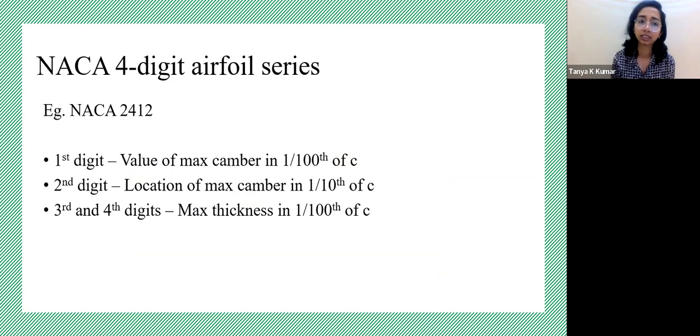Now we'll just go over the NACA airfoil series. We'll just discuss the 4-digit, 5-digit, and 6-digit airfoil series. So we'll discuss it with an example so it is easy for us to follow. For the 4-digit airfoil series, we take this 2412. Now in the 4-digit airfoil series, the first digit represents the value of maximum camber in 1/100th of C. So what will be the value here?